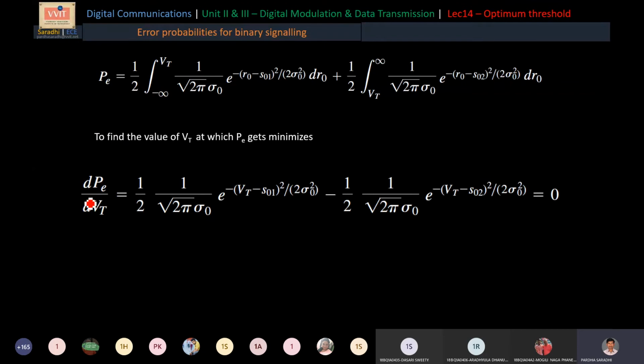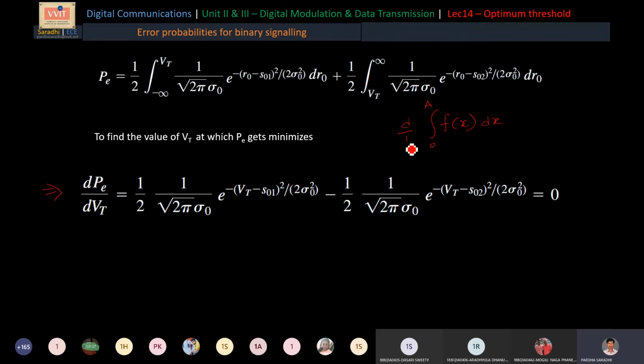So let us find the Vt at which PE gets minimized by differentiating it with respect to Vt. This is a definite integration. When you differentiate it, it becomes only this much, right? In place of R naught, substitute Vt. Equate it to 0. Suppose you are having f of x and you are integrating it from 0 to a with respect to x.